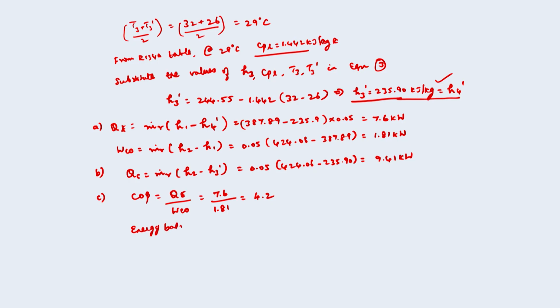QE plus W compression is equal to 7.6 plus 1.81, that is 9.41, which is equal to the condenser heat load. Energy balance is perfect. Continue in the next lecture. Thank you.